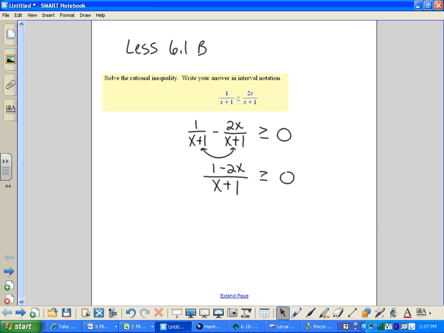Now, here is where things get a little different. What we're going to do is look at something called the critical points. Critical points are what make the numerator 0 and the denominator 0.